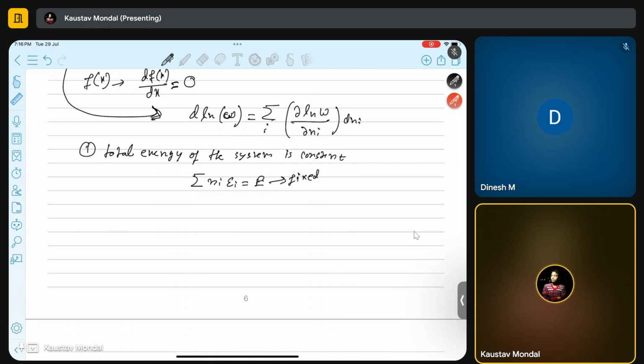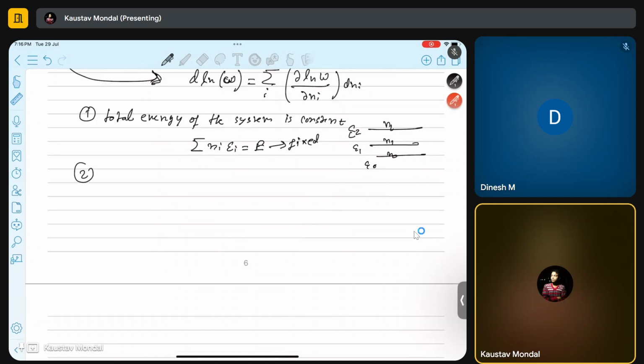So if there are E0, E1, E2, and N0 particles have E0, N1 have E1, N2 have E2, then the total energy will be N0 into E0, N1 into E1, N2 into E2, and so on, which will be E. And the second constraint is that the total number of particles is fixed. Okay, so this is another constraint. So the sum of Ni would be N, right? So these are the two constraints.